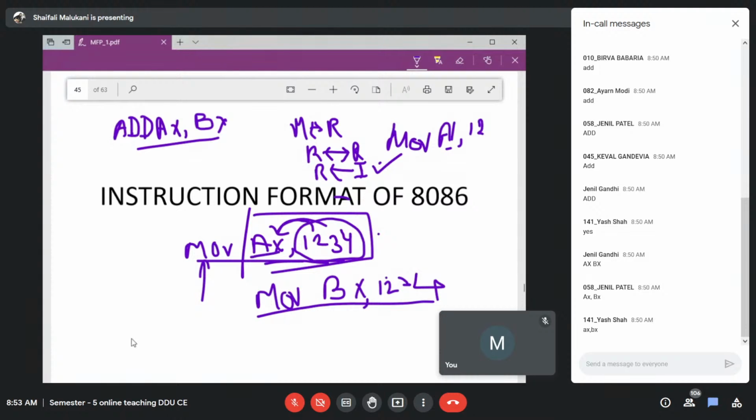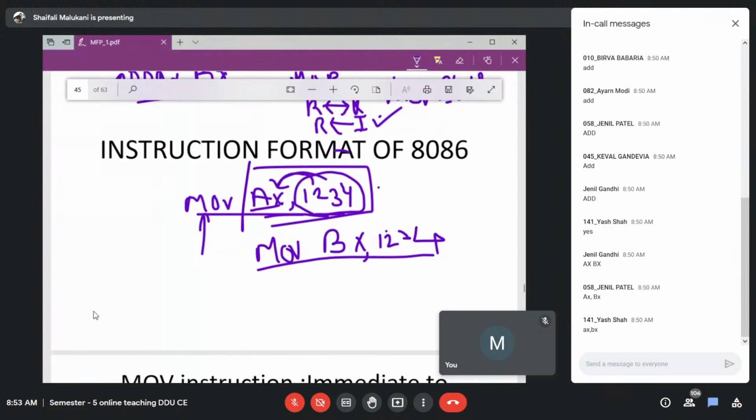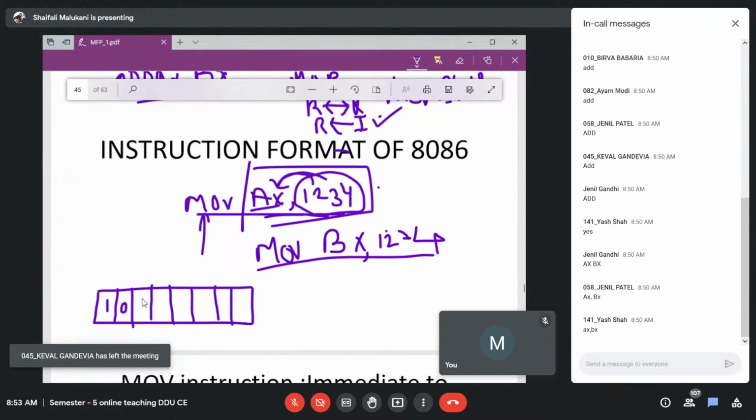Now what is the template? Let me show you the template. First, it is the first byte. In that first byte, these are 8 bits: 1, 2, 3, 4, 5, 6, 7 and 8. The first 4 bits are 1 0 1 1. These are fixed.